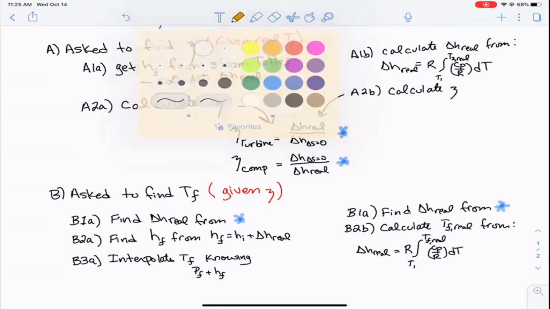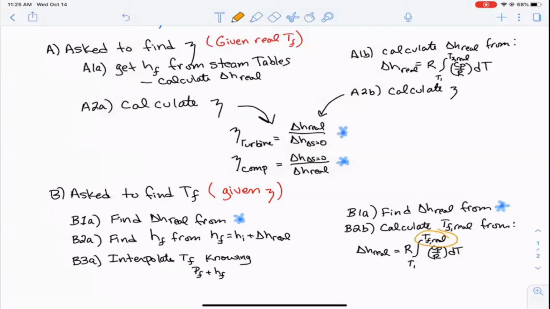And in that equation, the final temperature is the only unknown.